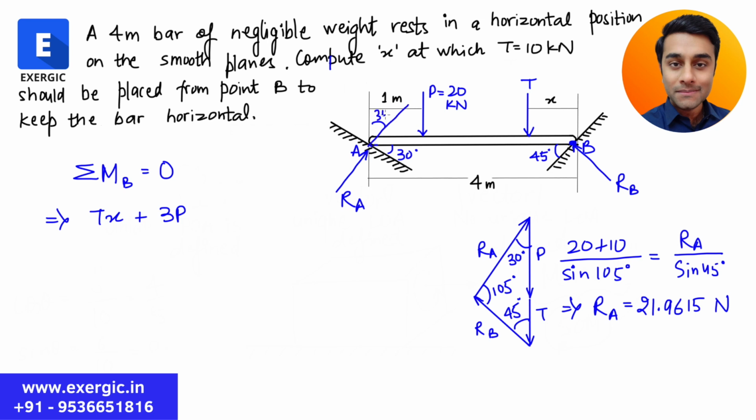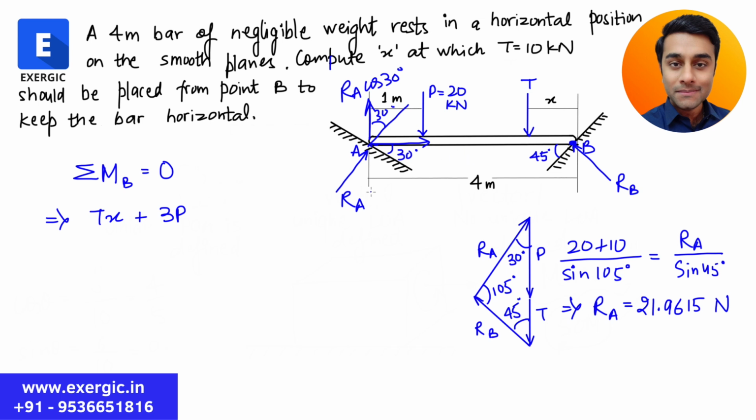This angle is 30 here. So this is RA cos 30. This is RA sin 30, which is very much passing through the same point B. So the moment of RA sin 30 will be 0. Only RA cos 30 is moving in the clockwise sense. P and T are moving in the counterclockwise sense.